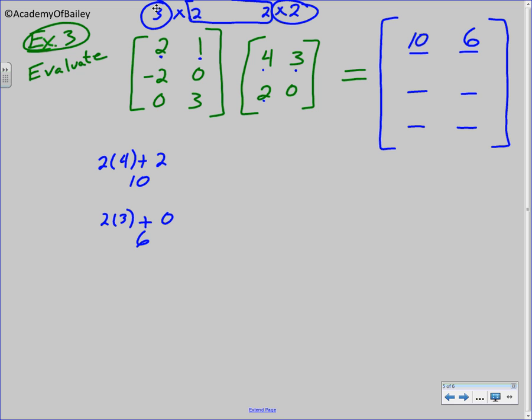Okay, moving on. Let's go middle row and first column. Negative 2 times 4 plus 0 times 2, which is 0. I don't need to really write that down. Negative 2 times 4 is negative 8. Middle row, first column, negative 8. And we are cruising right along here.